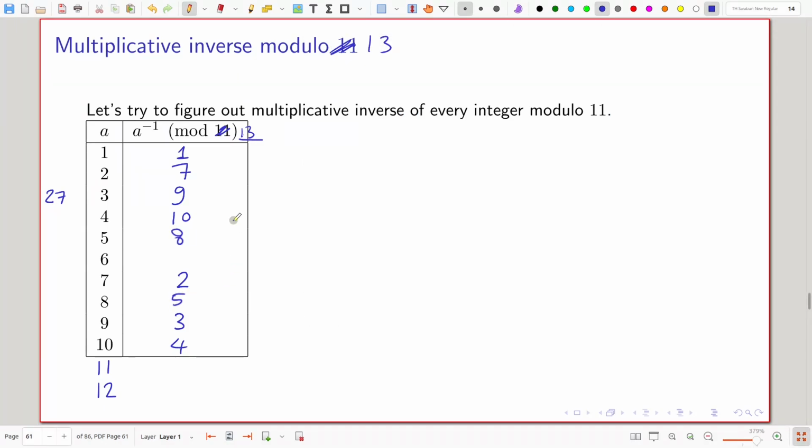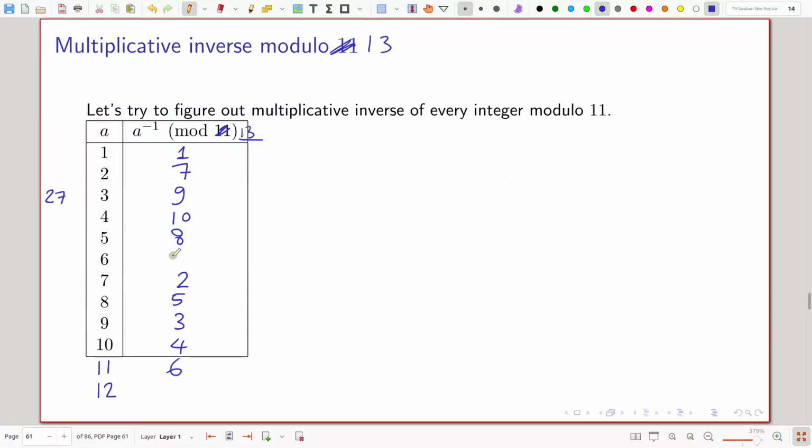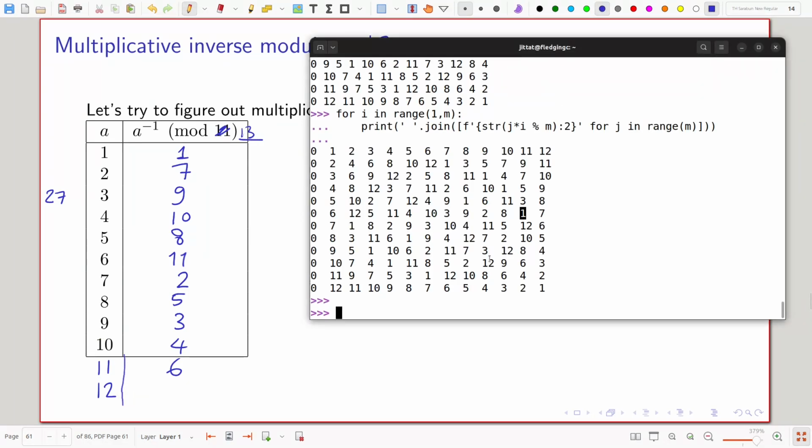Finally 6. 6 is 11, so 11 is 6. And 12 is itself.